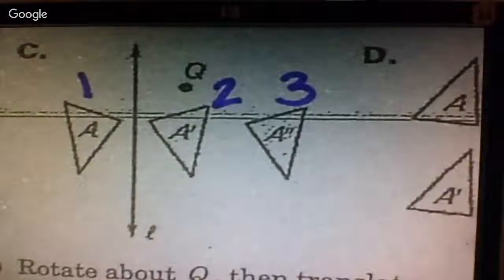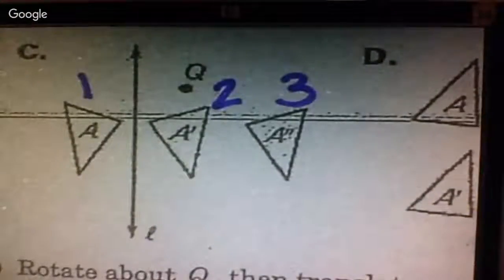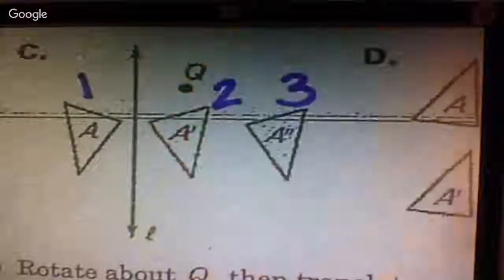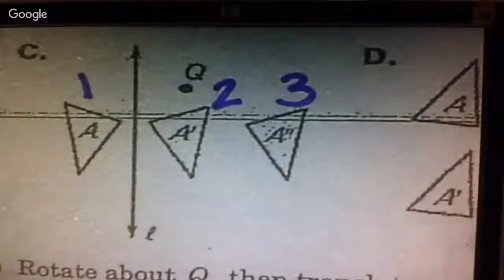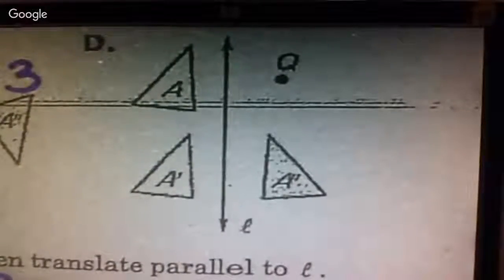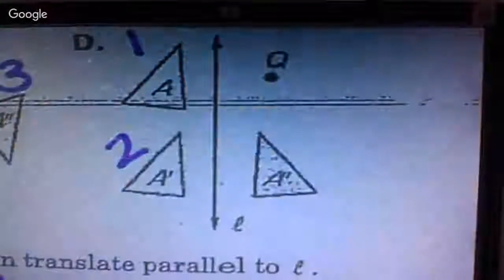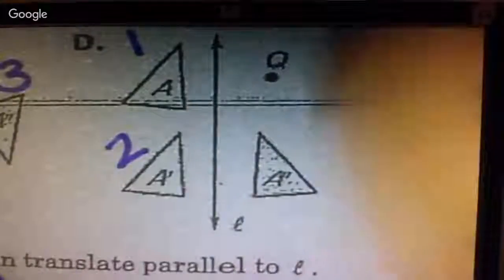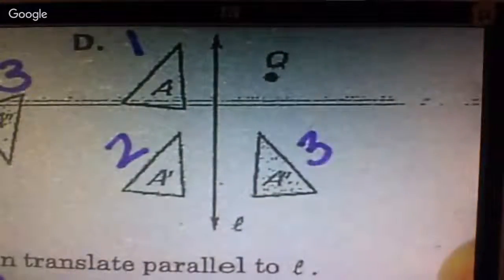It's number 50. It translated first, because this is 1 and it slid down to here, and then it reflected over that line and became 3.